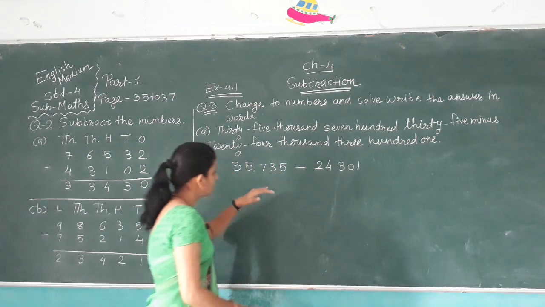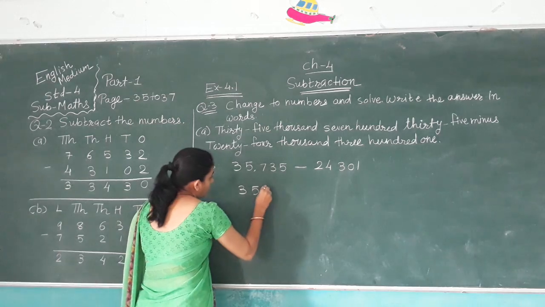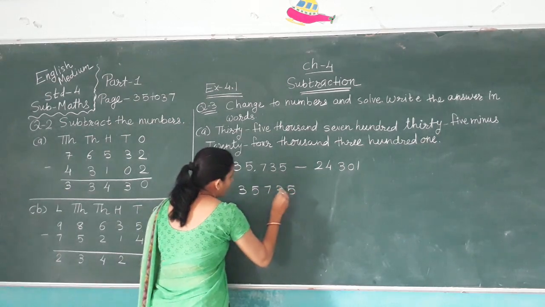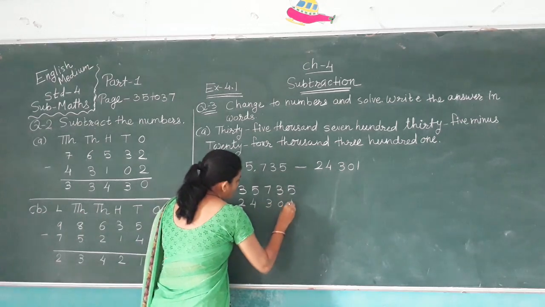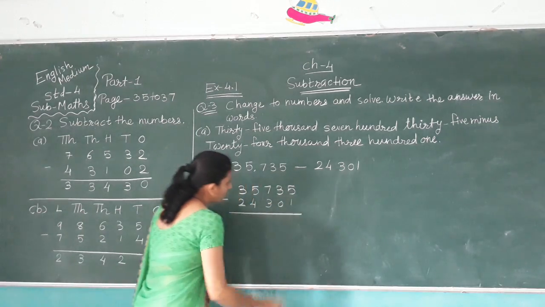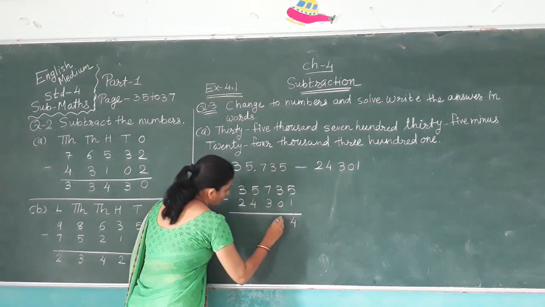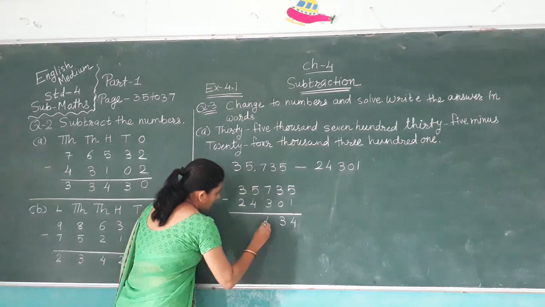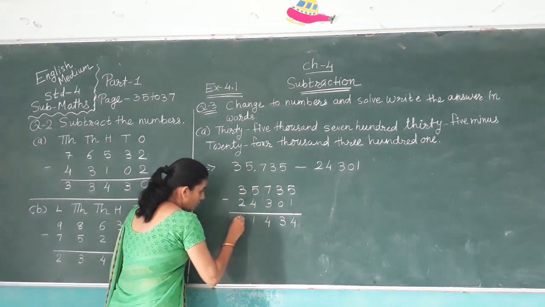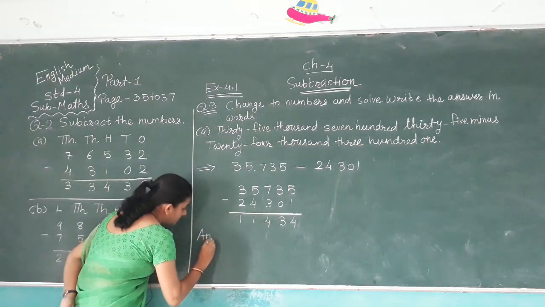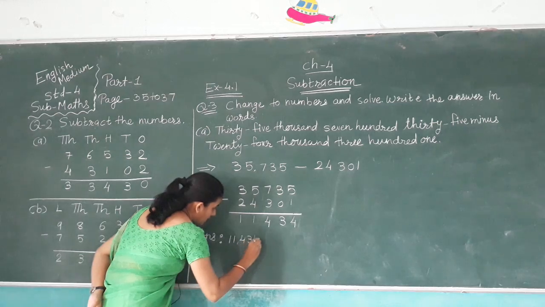First we write in numbers. Now we subtract it. 35,735 minus 24,301. Now subtract. 5 minus 1, 4. 3 minus 0, 3. 7 minus 3, 4. 5 minus 4, 1. 3 minus 2, 1. We get answer 11,434.